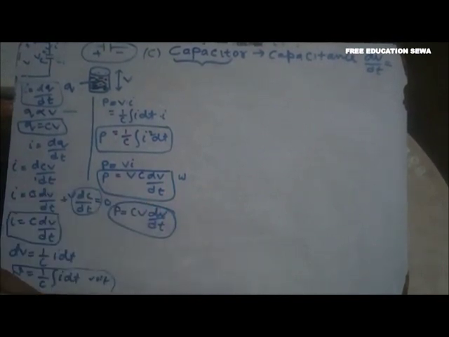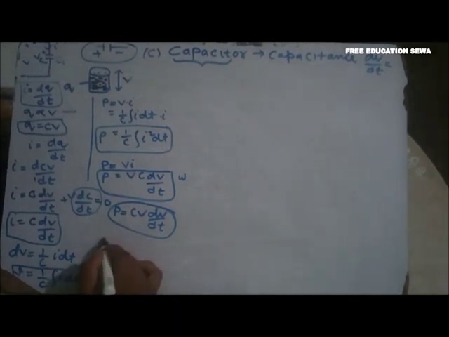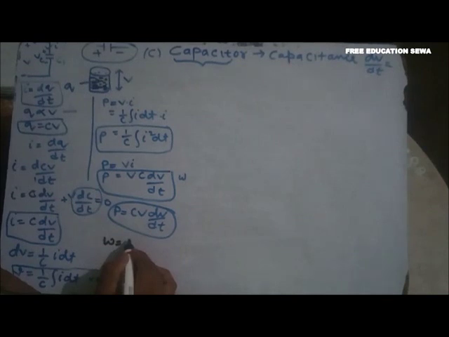Now this is for the power calculation. If you want to calculate the work done, we know that power is the rate of doing work. Rate of doing work is called power.